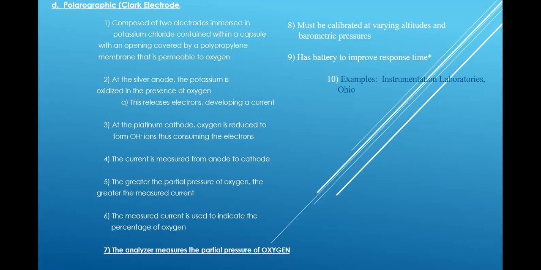At the platinum cathode, oxygen is reduced to form OH ions, thus consuming the electrons. The current is measured from anode to cathode. The greater the partial pressure of oxygen, the greater the measured current. The measured current is used to indicate the percentage of oxygen, but the analyzer measures the what? Partial pressure of oxygen. So the only thing different between the two is one is gold and silver, and the other one is platinum and silver.